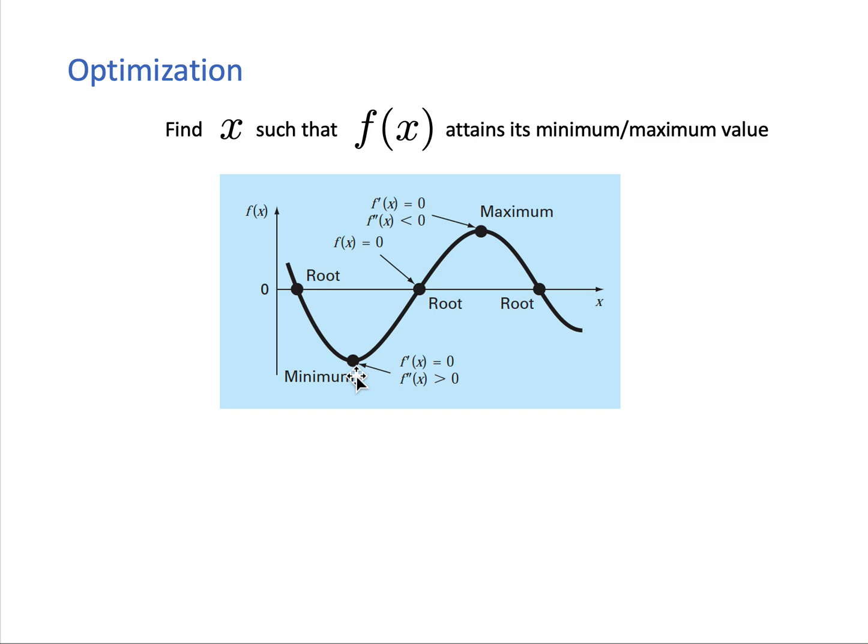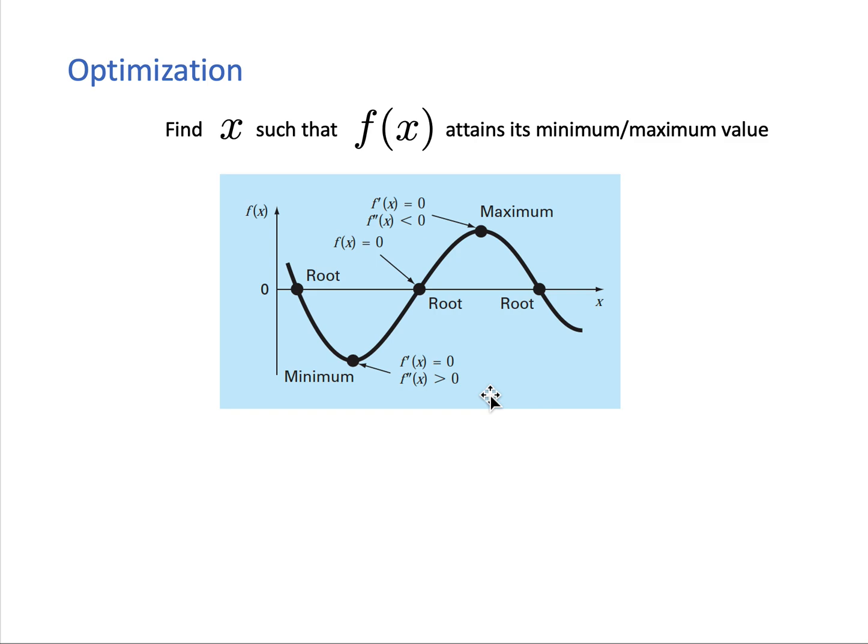And we can remember some rules from basic calculus when we have a function of one independent variable, one parameter, here in this case, x. There are a few tests that we can use to decide whether a particular point on the x-axis is a minimum or a maximum.